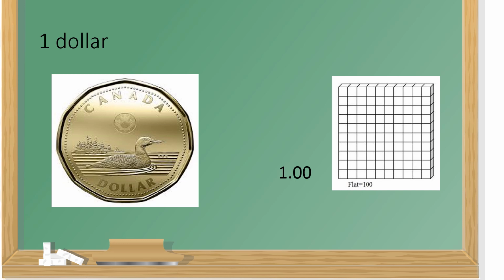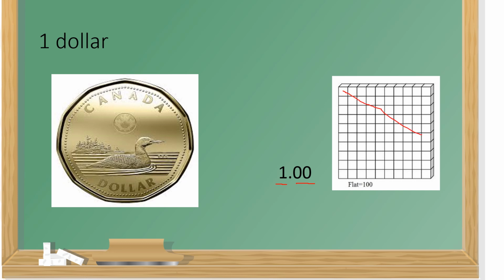But here the situation becomes entirely different. We have $1. $1 is represented as 1.00. Here we see that before decimal we have 1, but after decimal we do not have any number.